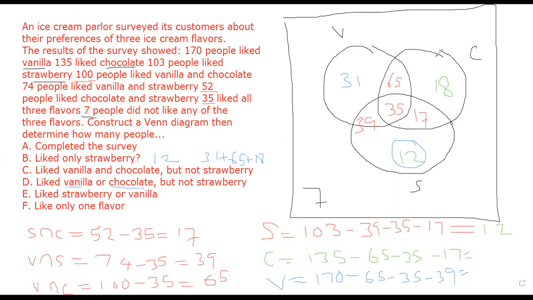Vanilla plus chocolate, we remove what is found in here. So this answer that you gave me is actually for this part here. 31 plus 65 plus 18. So this one will ultimately give you 114.